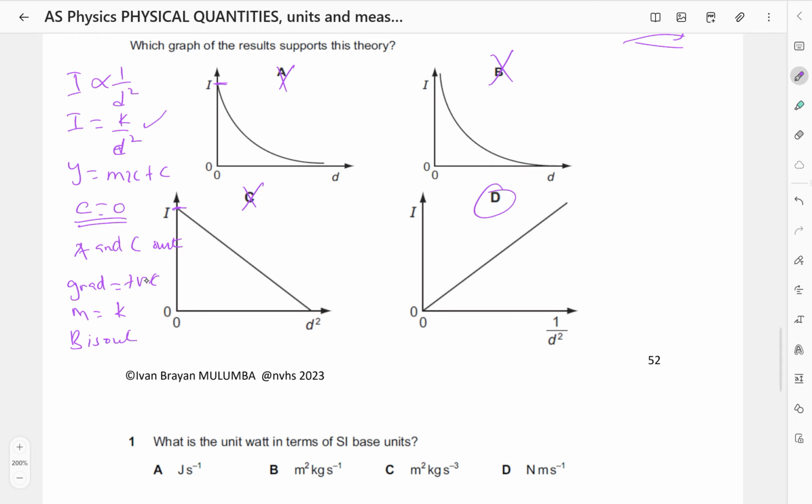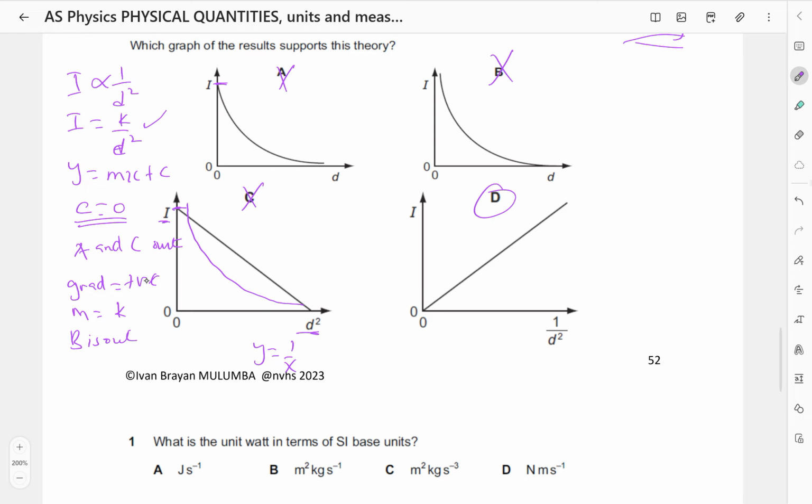I want you to note very carefully that if we were to sketch a graph of I against D squared, it will not be a straight line. A graph of I against D squared is similar to the one of y is equal to 1 over x. If you're a mathematician, you must have seen a graph of y equals 1 over x, which is just asymptotic like this.